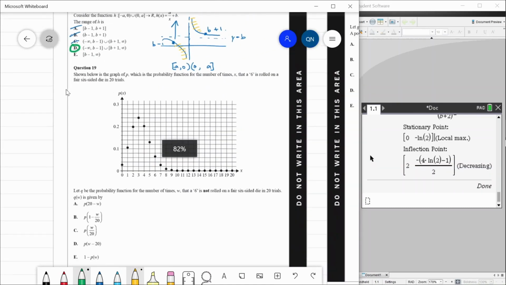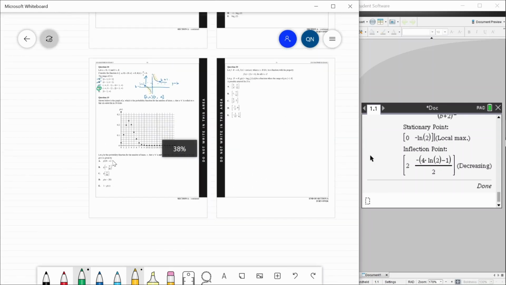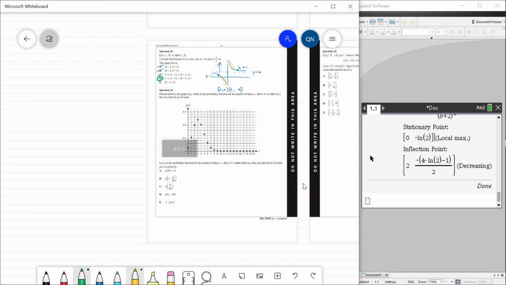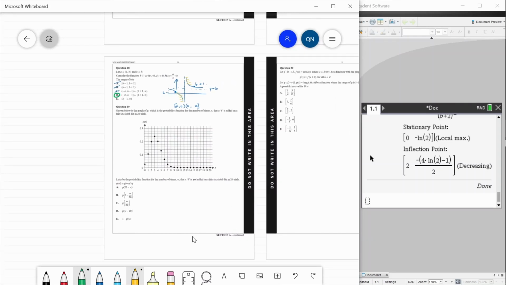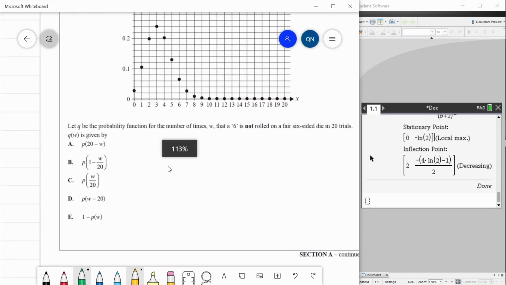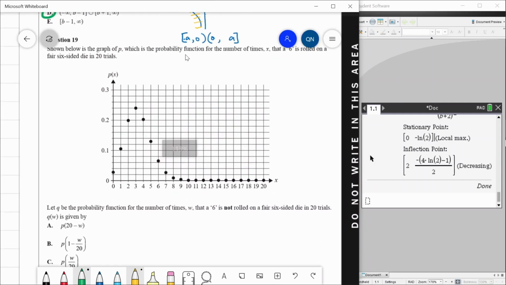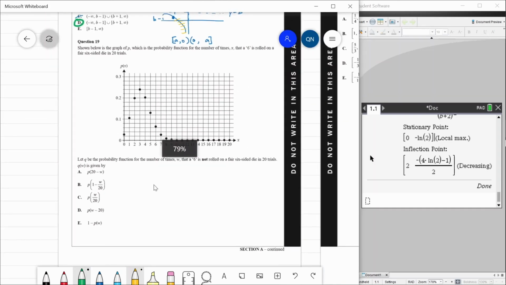Okay, question 19. So question 19 and 20. I remember these. These were the worst two questions, but I managed to find a way to kind of simplify the explanation. So let's see over here, we have P, a probability function for the number of times that a 6 is rolled.